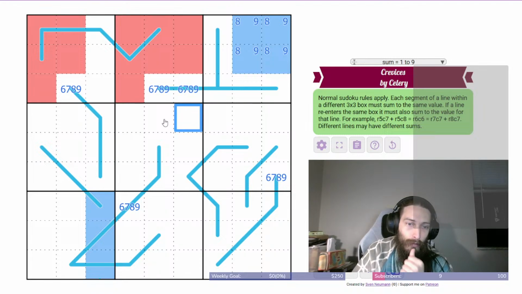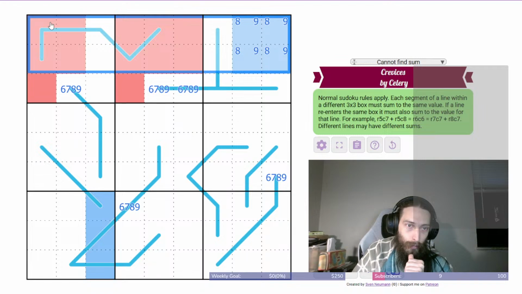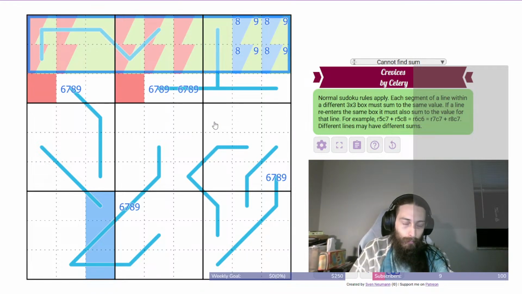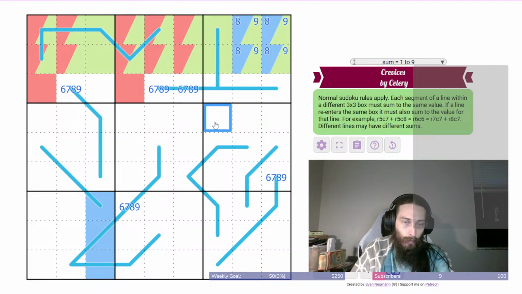There's a part of me that wants to do something weird. But maybe I do it anyway. I'm going to highlight this in green. And we're going to say that blue and green are in the same group.